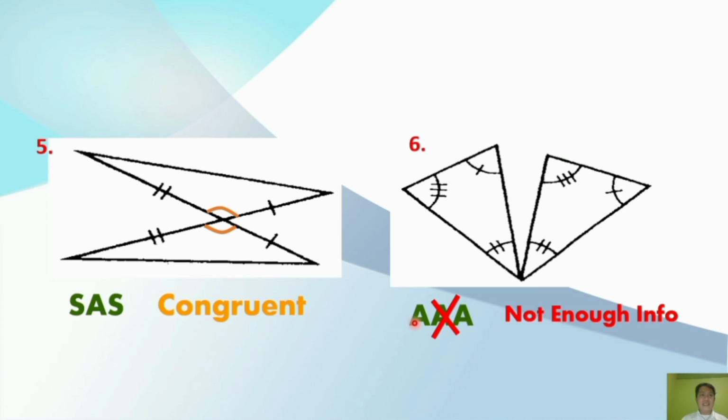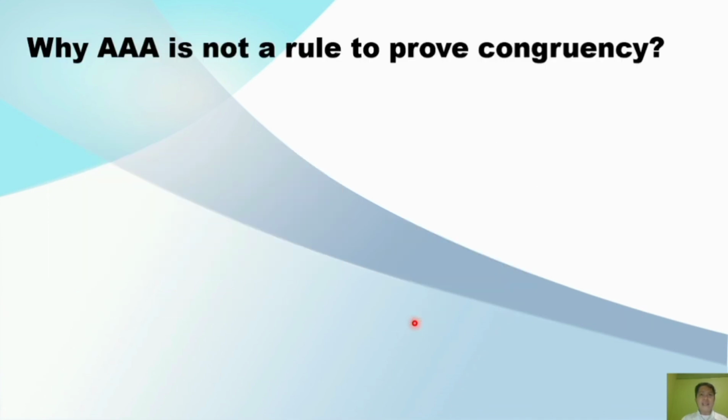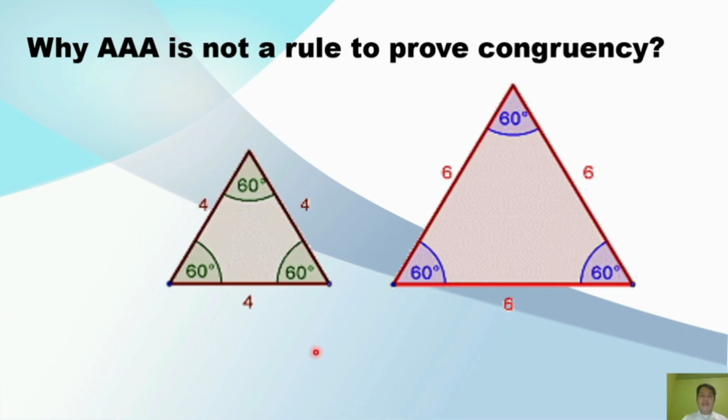Now, the question is, why is AAA not a rule to prove congruency? Let us observe these two triangles. As we can see, the two triangles have congruent angles. 60, 60, 60, and 60, 60, 60. But their sides are 4, 4, 4, while on the other it has 6, 6, and 6.